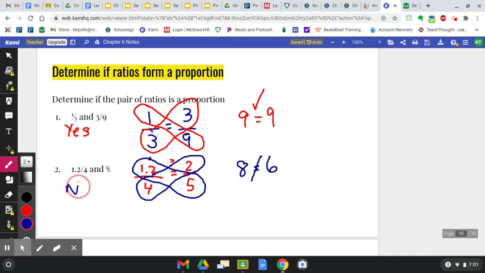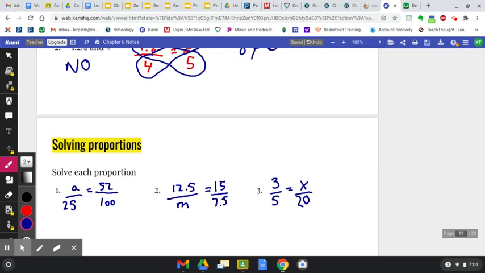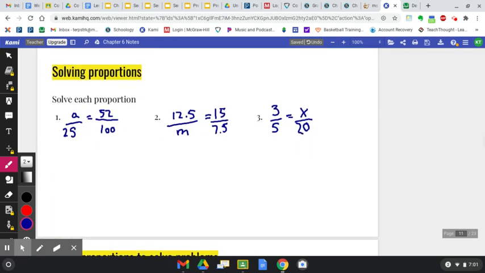So that is a no. Those are not proportional, right? And if you were to type that in your calculator, 1.2 divided by 4, it's not going to give you the same as if you did 2 divided by 5. So you can still do it that way, but this is another way to test if they are equal to one another.